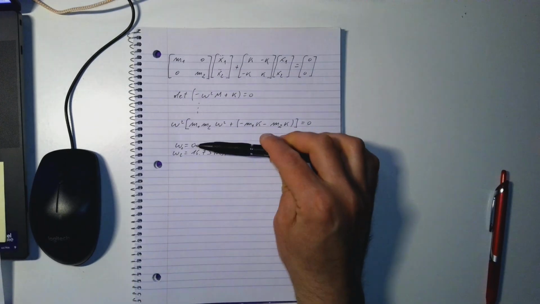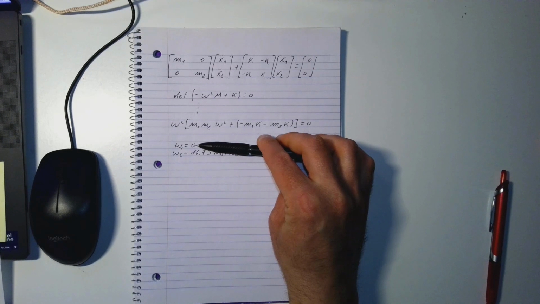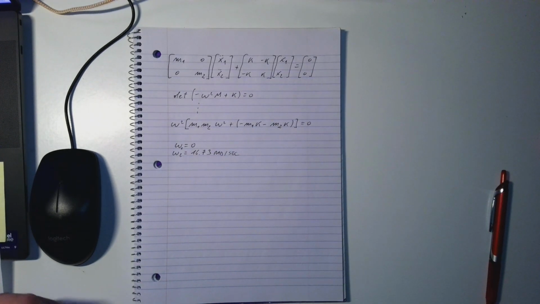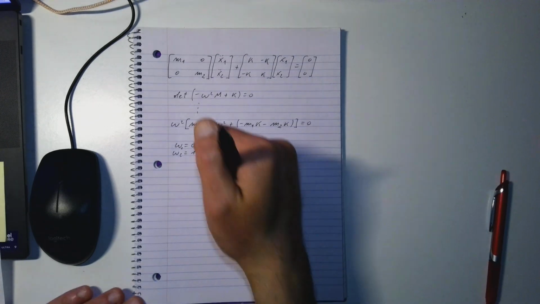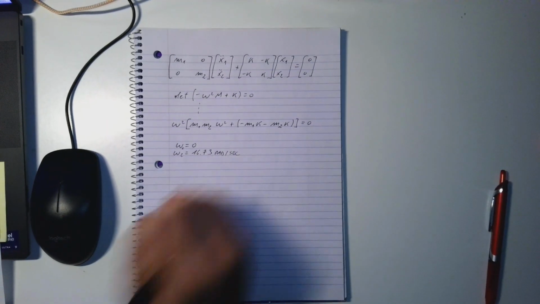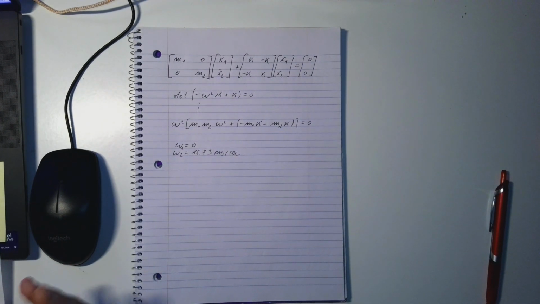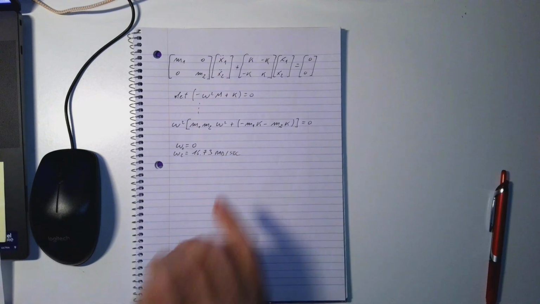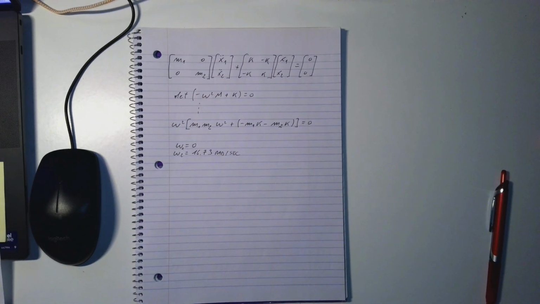So even if we have that one frequency is equal to 0, it doesn't mean that the first mass has 0 frequency of oscillation, because the first mass oscillates with a motion that is actually a combination of these two frequencies. Also, the second mass oscillates with a motion that is actually a combination of these two frequencies. Makes sense?